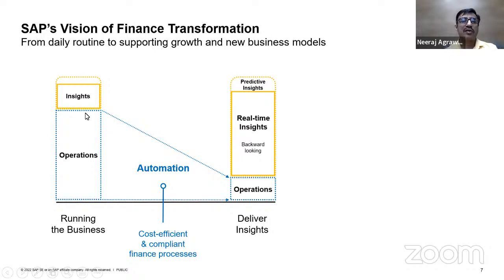Now what is targeted by SAP in future is that operations becomes 10-20%. The real-time insights are increased, and we also come up with some predictive insights. This is what we are focusing on right now.